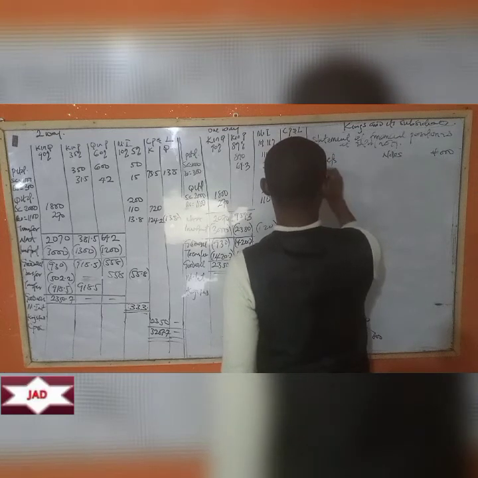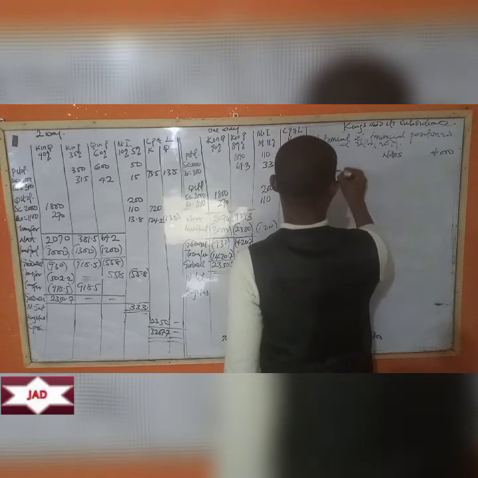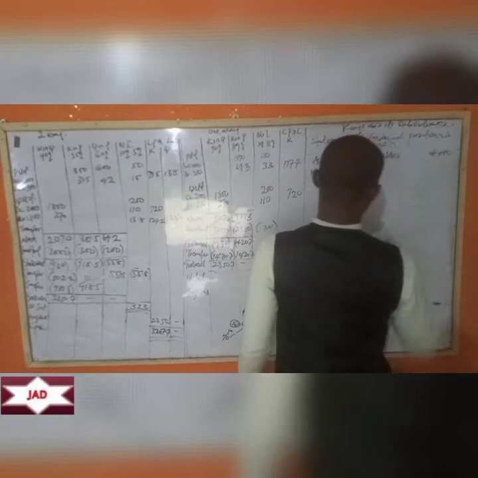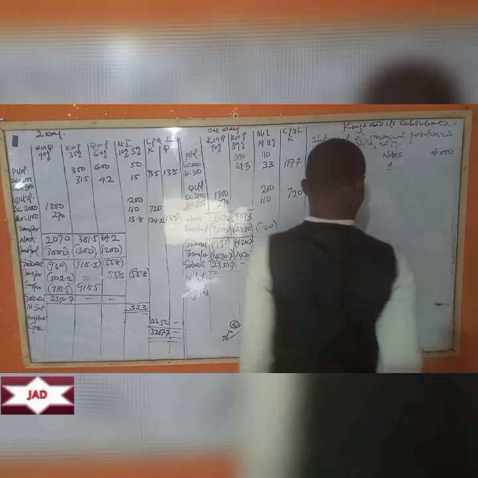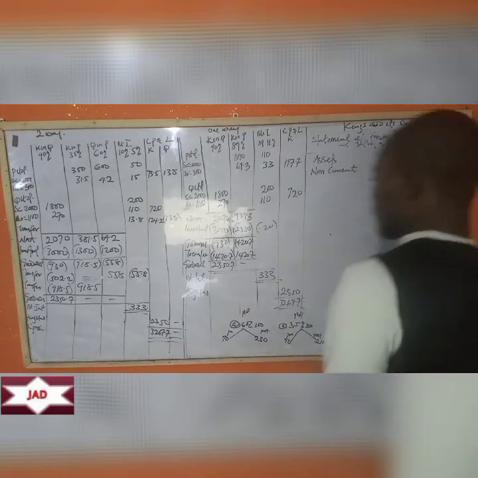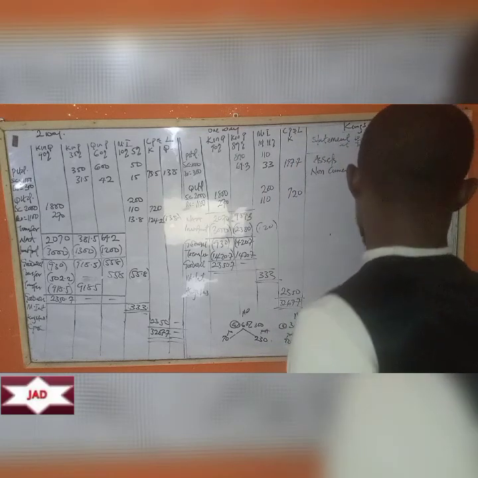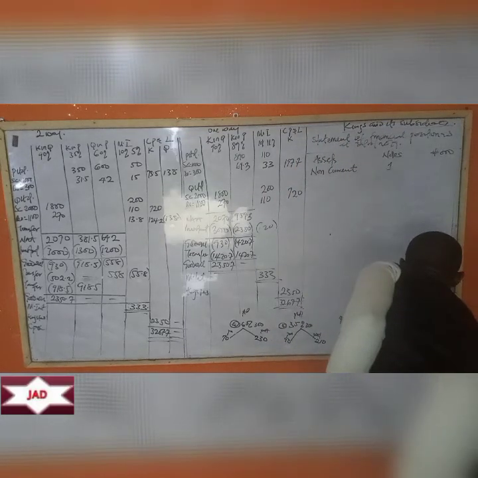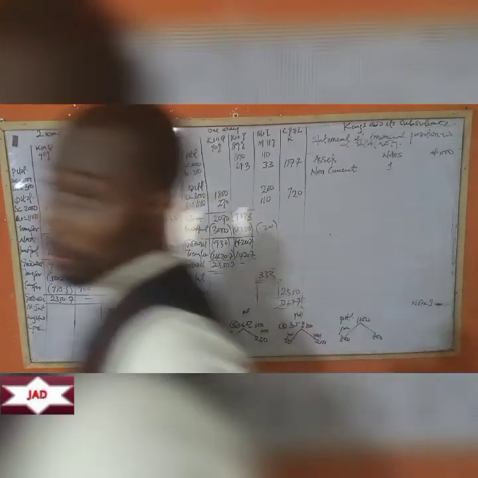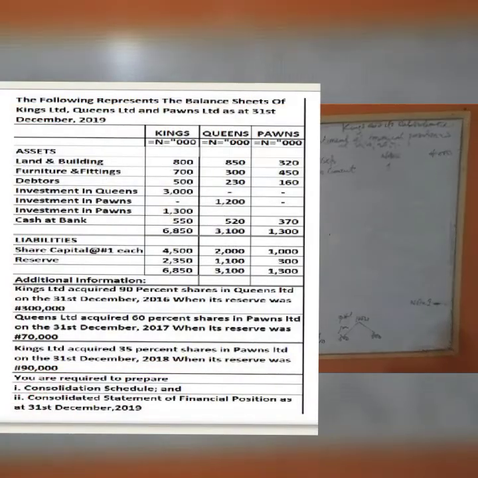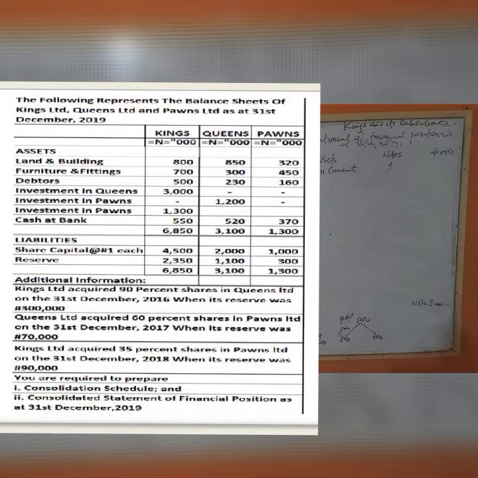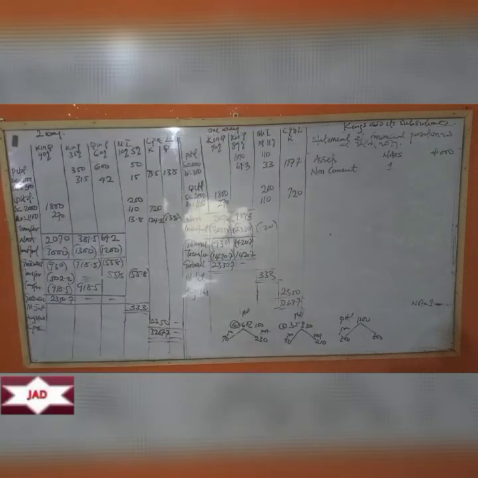Okay, so non-current, you can call that note 1. So where do we put our note 1 here? We have note 1. So we have all the assets, land and building.